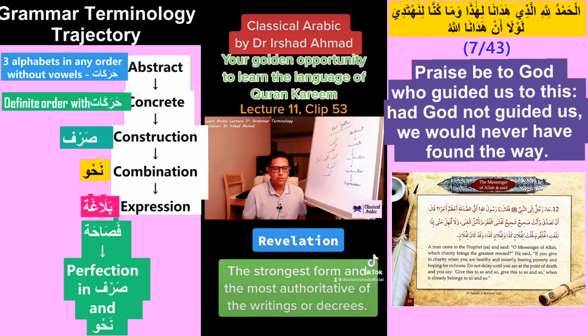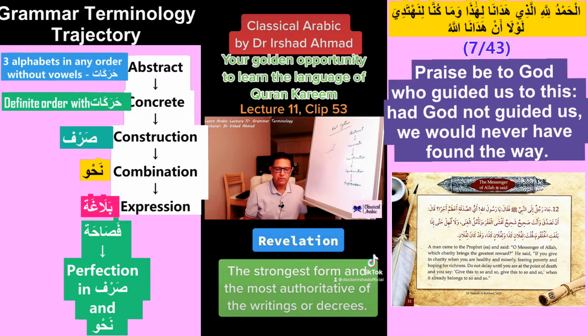So on a smaller scale, we have a judge who issues decrees, verdicts, etc. So kataba basically then means to prescribe, to order, to make a contract, to make a decree, etc.